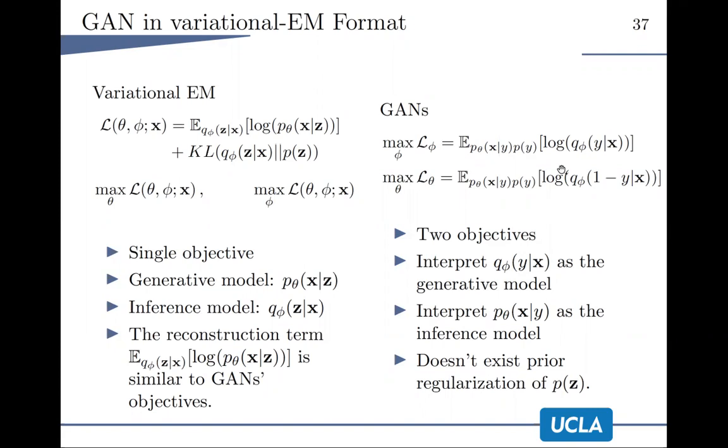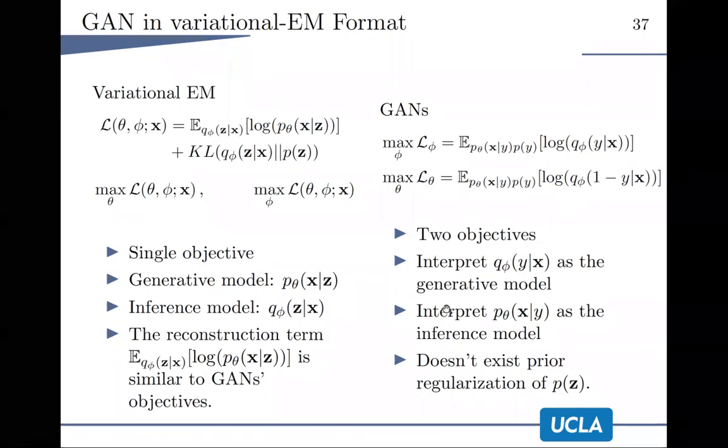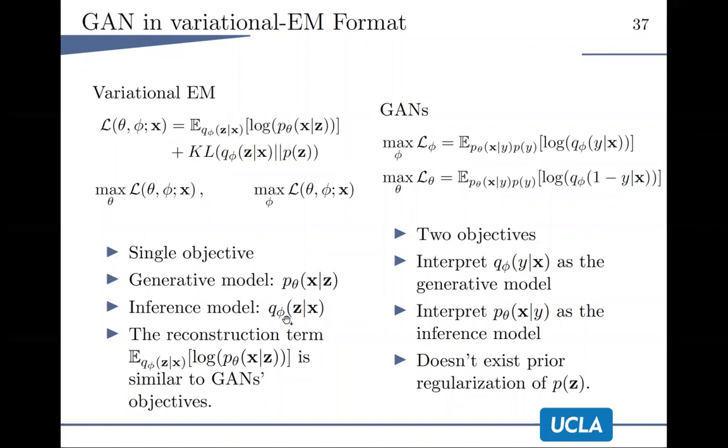And in a GAN model, although we already write it this way, we still have two objectives, although they are pretty similar to each other. Something good is that we have similar components, like the generative model and the inference model.